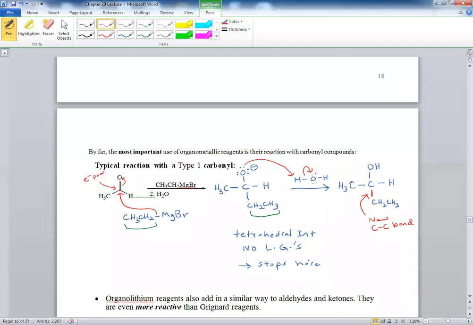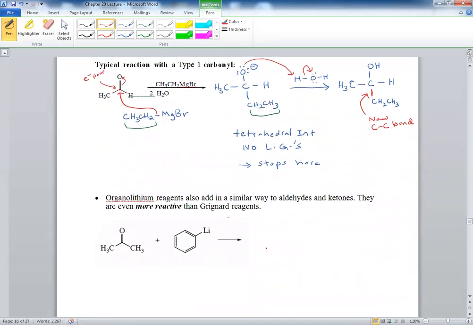This is very, very important. You build bigger and bigger molecules by creating new carbon-carbon bonds, because remember, the majority of organic molecules have carbon atoms in them. They're organic, they're carbon-based.